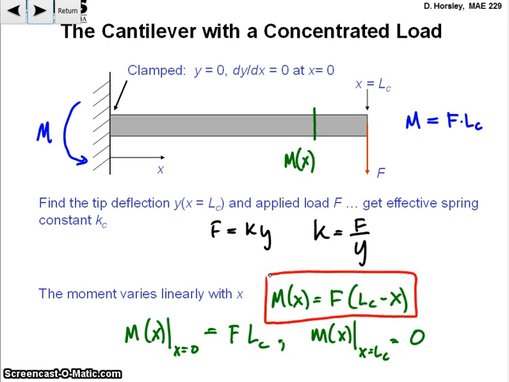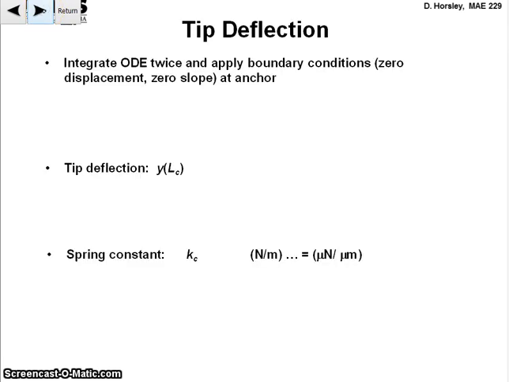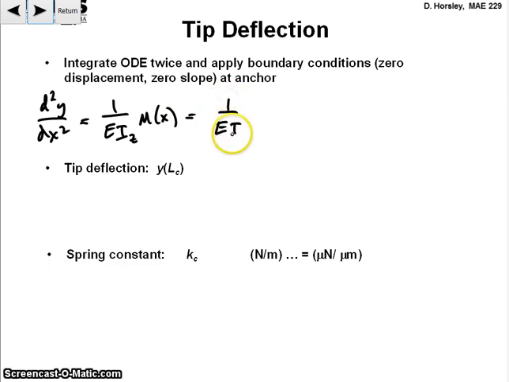Now we're going to use that in combination with the bending equation. We have d squared y dx squared is equal to 1 over E I z times M. So we could write that as 1 over E I z times F times (L_C minus x).